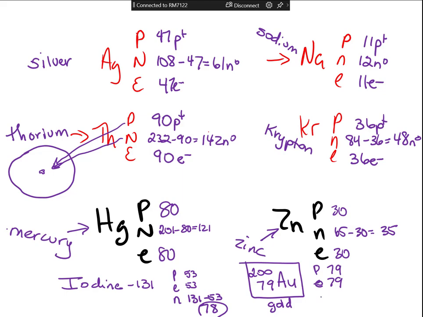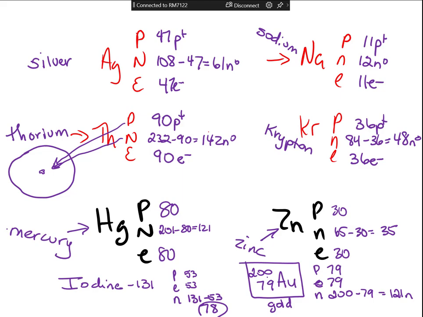Then how do I figure out the number of neutrons? Yep, you just take the 200 minus 79, so that would be 121. Notice that that 200 is actually different than the atomic mass listed for gold on the periodic table. That is because this is an isotope.